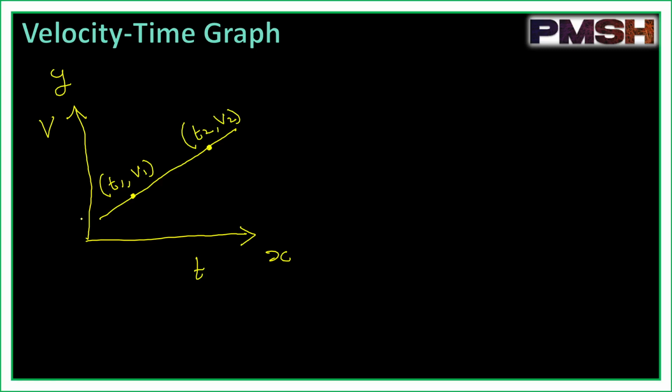So what will be the slope? The slope m is y2 minus y1 divided by x2 minus x1. This is an equation you already know. Now let us substitute these coordinates. The y coordinates are v2 and v1.